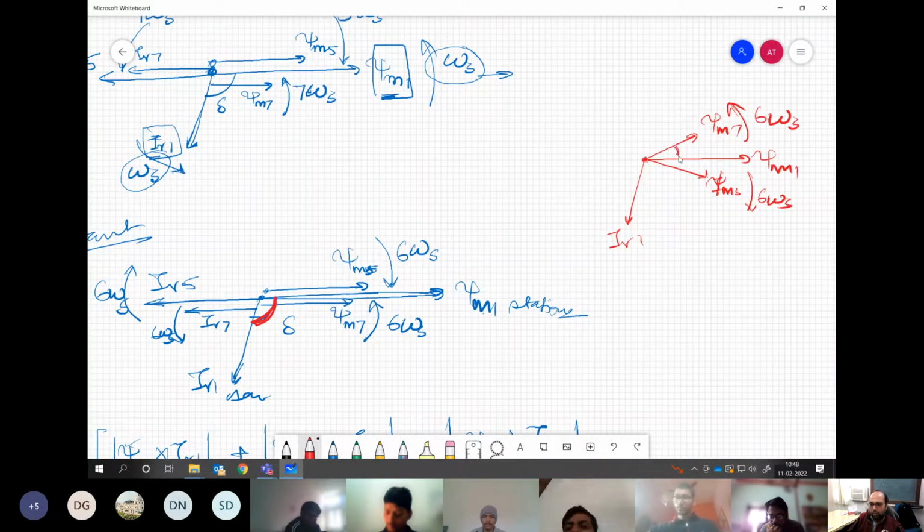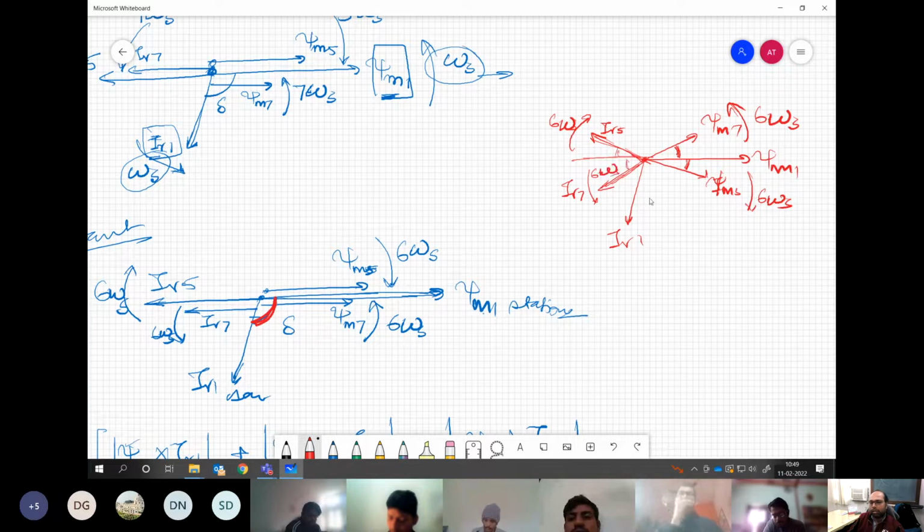So this angle will be 6 omega s t. This angle will also be 6 omega s t. Now similarly, IR5 also would have moved by some angle 6 omega s t in this direction, clockwise direction. And IR7 will also have moved in this direction with the speed 6 omega s. So angles are 6 omega s t. And this angle is delta. Clear? Any problem in this?